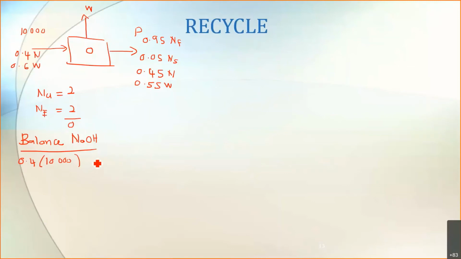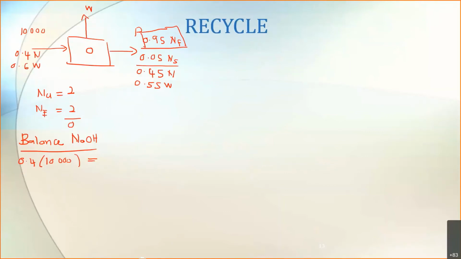So this is my input side equal to my output side. I don't have any NaOH here, so no NaOH there. I do have NaOH here. First, I have it in my filter cake, my solid, and then I have it in this solution.